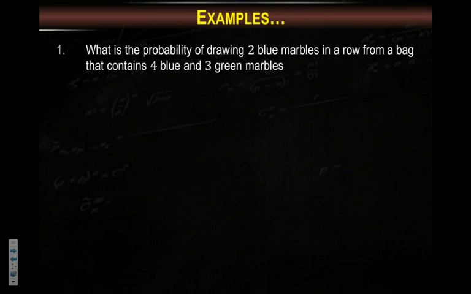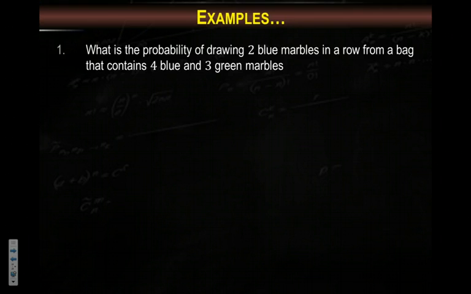Okay, so let's say we had a bag, and in it we had a bunch of marbles. Okay, in the bag was 4 blue marbles and 3 green marbles. 4 blue, 3 green. What's the probability of you drawing out 2 blue ones?